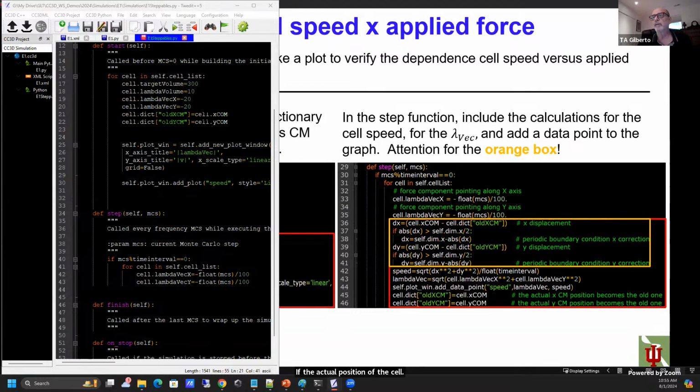This is why we refer to the center of mass of the cell: cell.XCOM and cell.YCOM. This is the general use for the center of mass plugin. So at this Monte Carlo step 0, the cell is in this position, not 0.